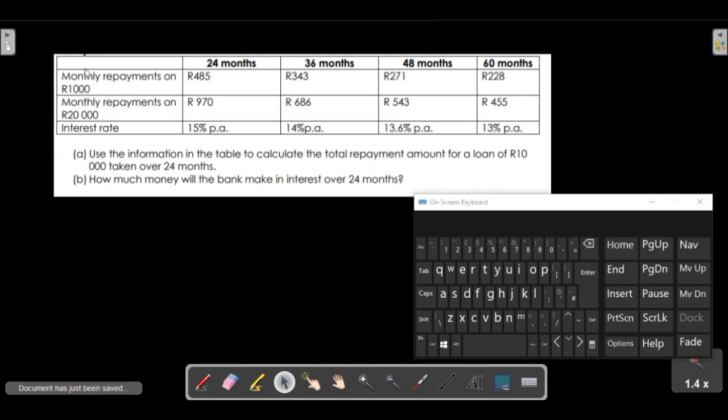Look at this. You have a monthly repayment on 1,000 rands. That means that you have borrowed 1,000 rands from the bank, and then the interest rate is 15% of 1,000 rands. 15% of 1,000 rands, guys, come on, it's 150, right? And this is 485. I think this should be 10,000, right?